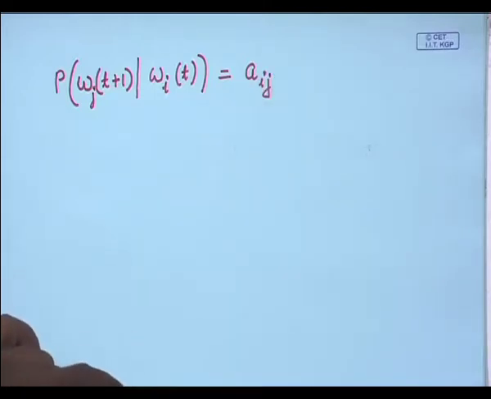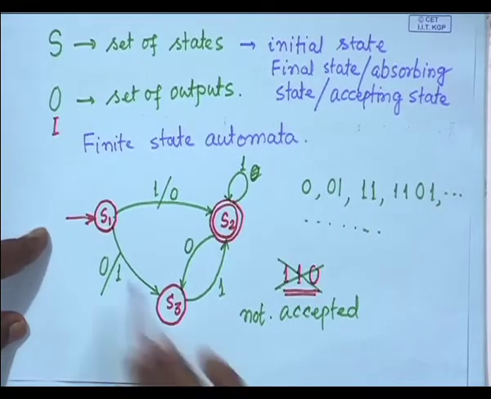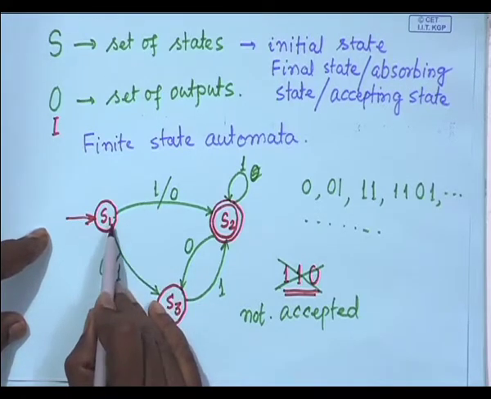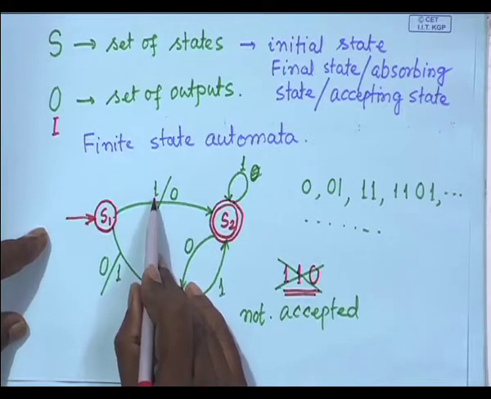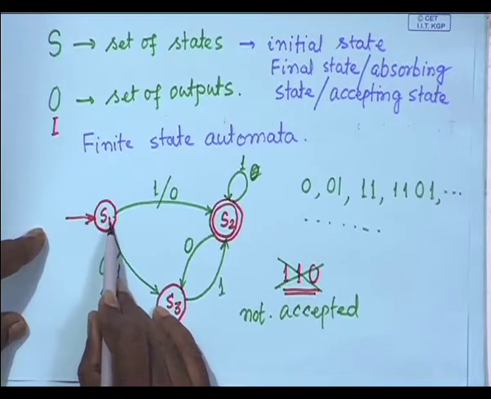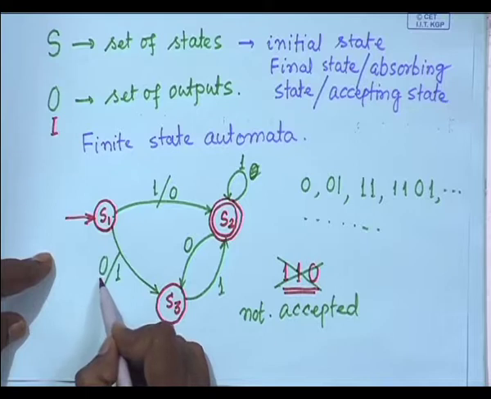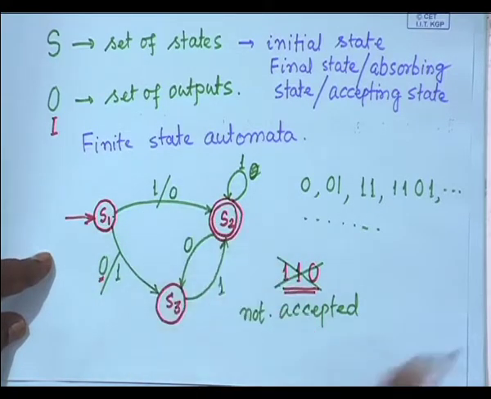Compare this with our sequential machine. In case of a sequential machine, we said that depending upon the input, the machine makes a transition from one state to another. So, if my input is 1, the transition probability from S1 to S2 is equal to 1. Whereas, if my input is 0, the transition probability from S1 to S3 is 1.